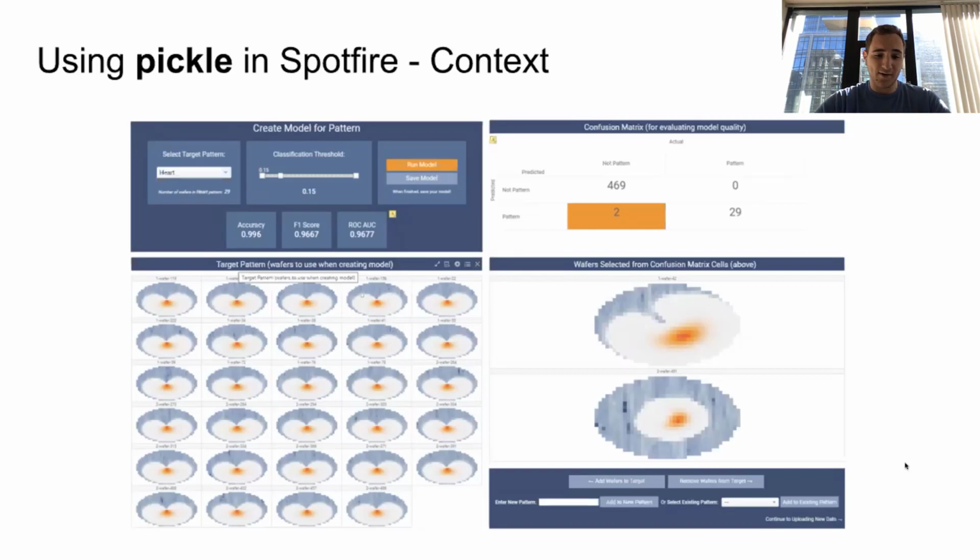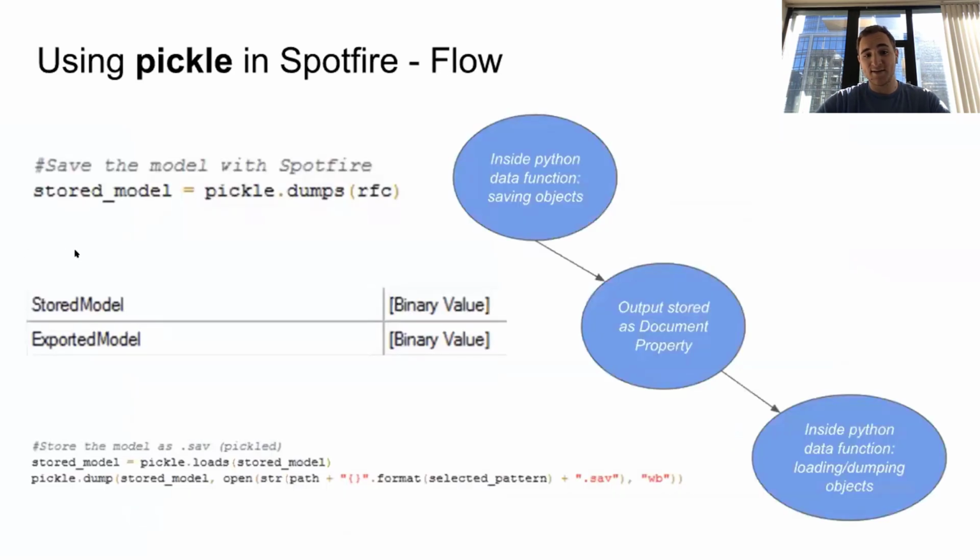So this is our wafer pattern detection dashboard that you can find on the Exchange. And here what we're doing is we're using pickling to save our model objects, our random forest object, so that we can use it for later. The typical flow that you might have is, at the end of a Python data function, if you're trying to save a model, you might use this pickle.dumps function.